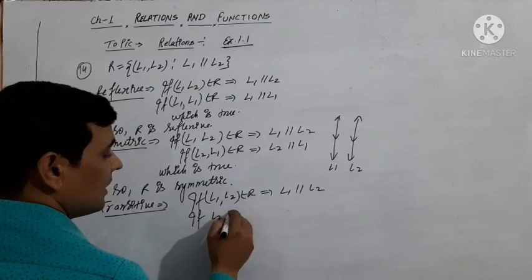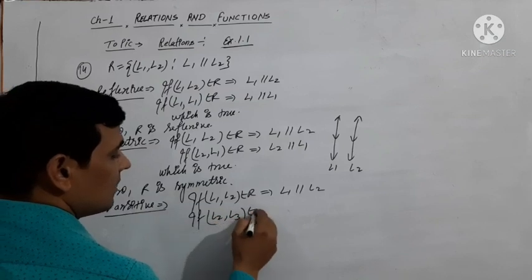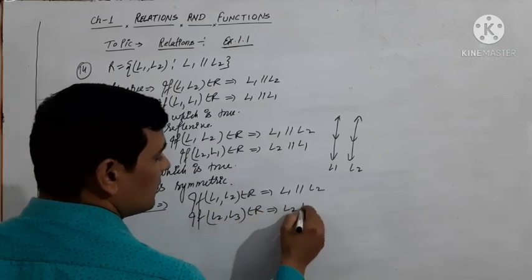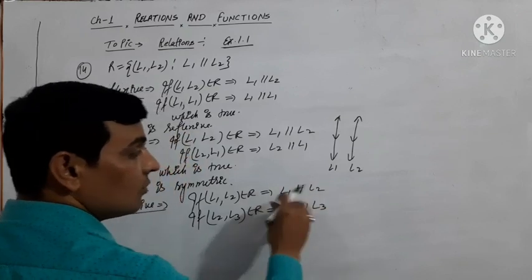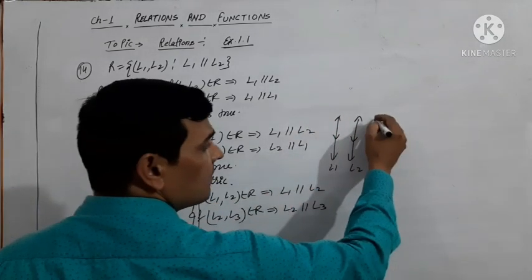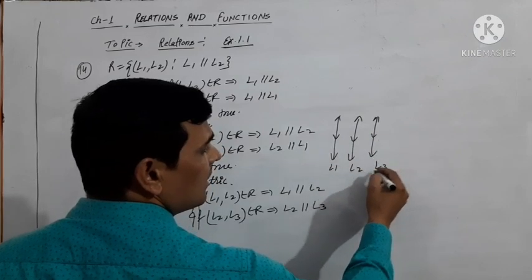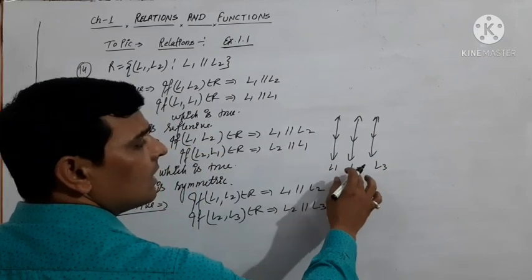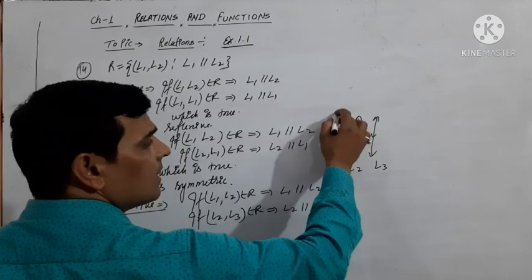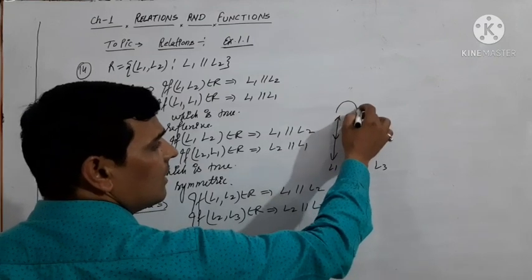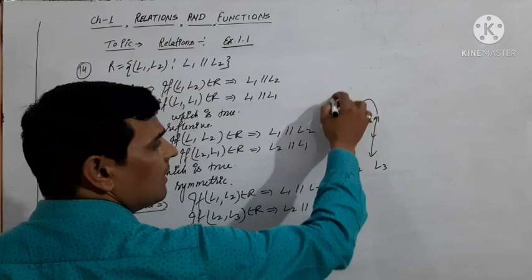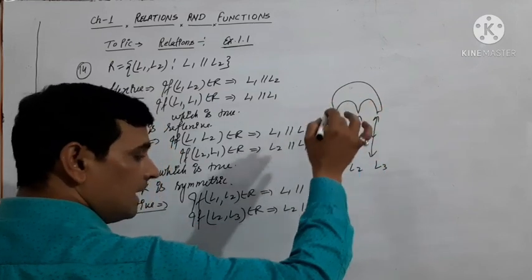If L2, L3 belongs to R, then L2 is parallel to L3. दोनों कंबाइन करें बेटा. यहीं से फिगर ले रहा हूँ मैं, एक पैरेलल लाइन और ले ली मैंने L3. If L1 is parallel to L2 and L2 is parallel to L3, then L1 will also be parallel to L3.